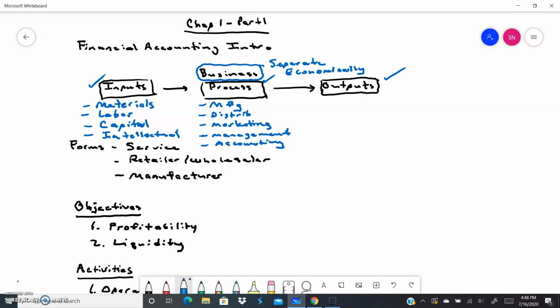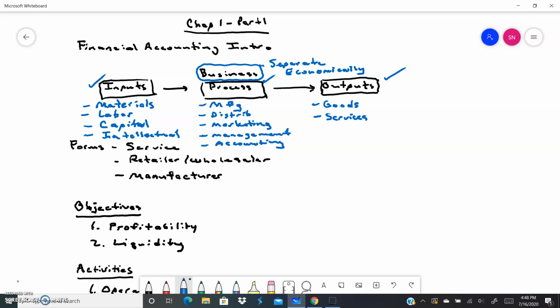And in terms of outputs, I think it's fairly straightforward. We're talking either goods or services. So depending on the type of company that we're talking about is going to really determine what type of output is ultimately generated.